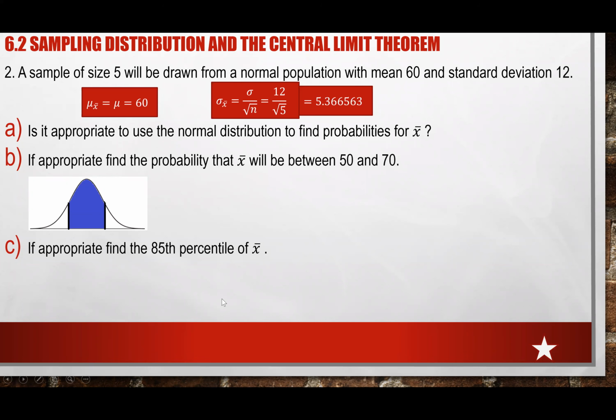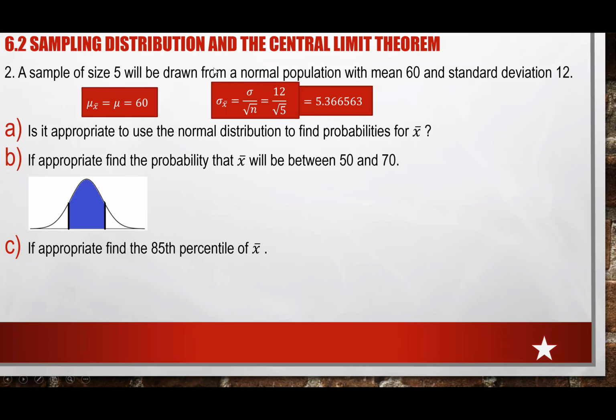This will give me that the lower endpoint will be 50, the upper endpoint will be 70, which is the lower limit and the upper limit. We're looking for the area here, right? And if you remember, in order for you to use the normal CDF, we need to have the mean and we have to have the standard deviation.